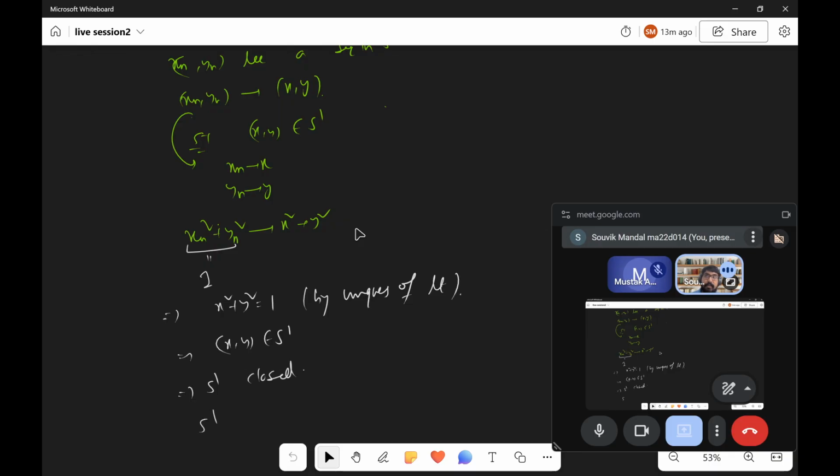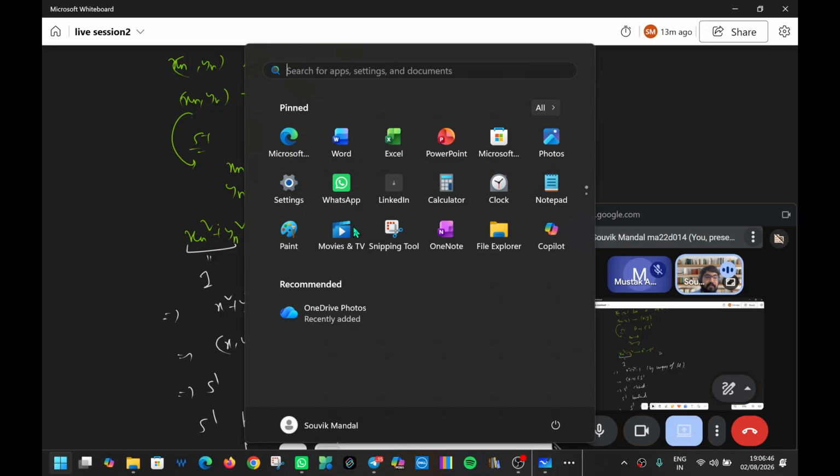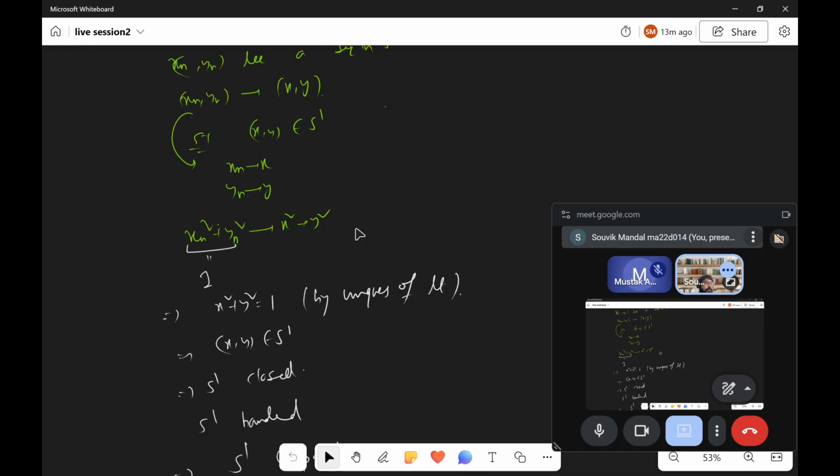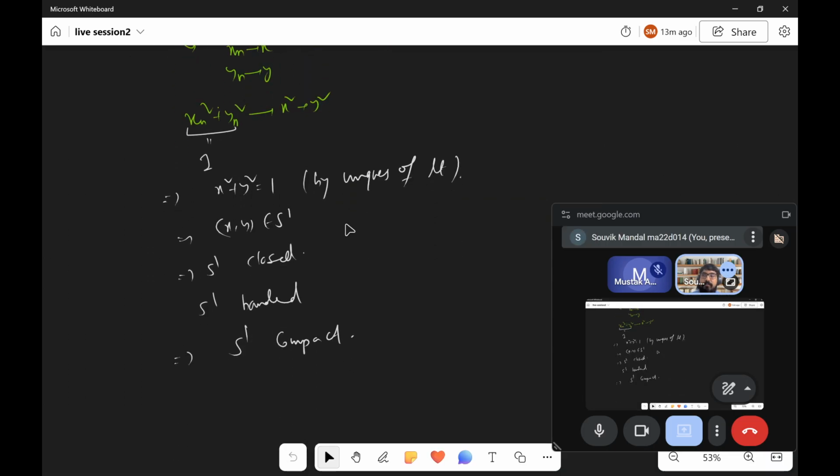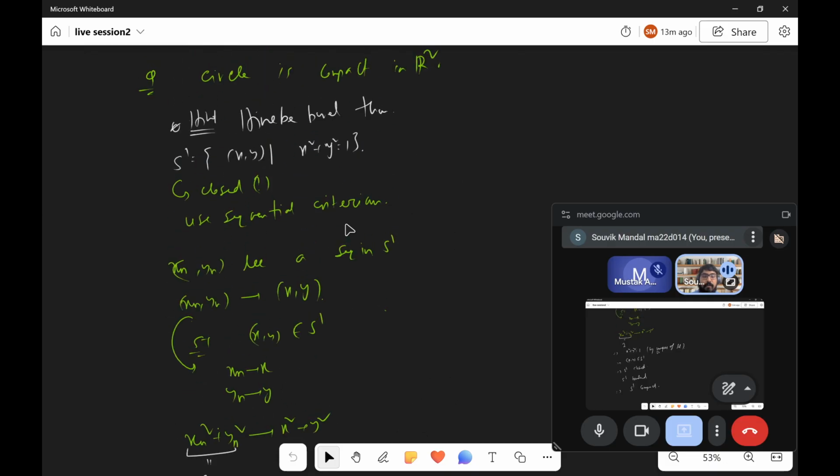And of course, the circle is bounded. That means the circle is compact. Okay, is it clear? So yeah, this is the argument. Please go through the argument once again and let me know.